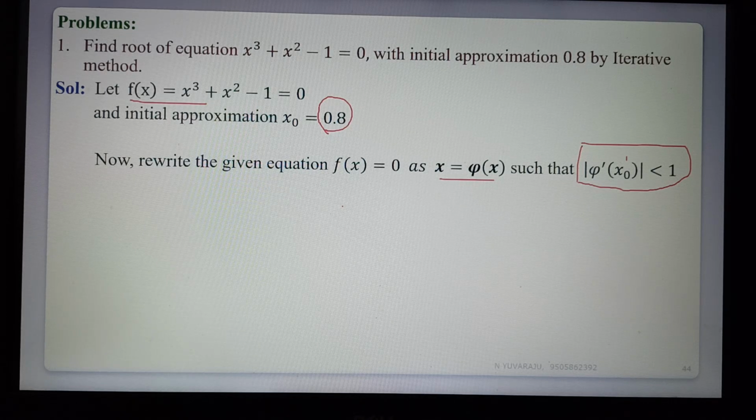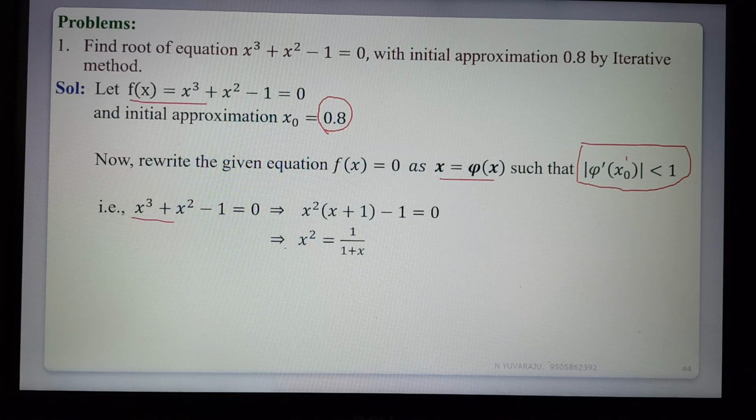We can write x equal to phi of x in many forms, but the chosen form must satisfy the condition. We write x cube plus x square minus 1 equal to 0. Taking x square common, x square into x plus 1 minus 1 is equal to 0, so x square is equal to 1 by 1 plus x.